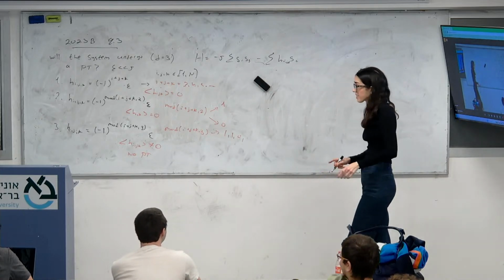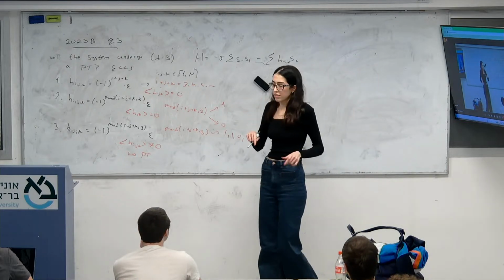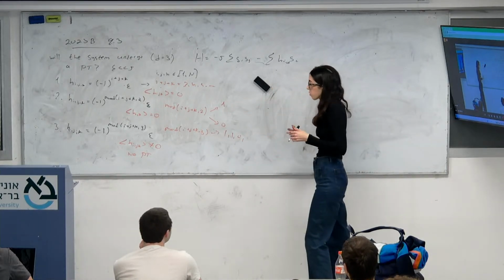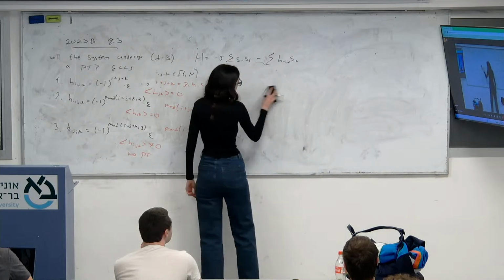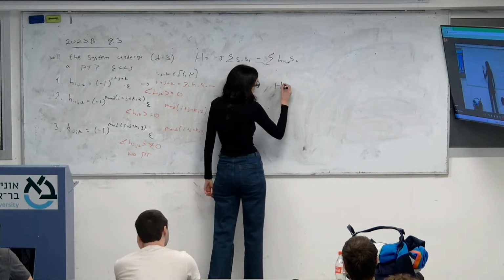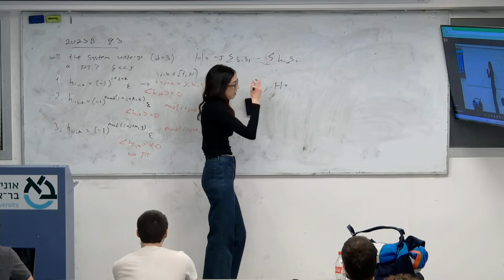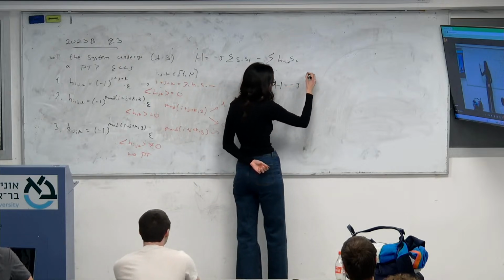Okay, so the last example is not from this test; it's from last year's test, but it's just to show you that in that case you had a Hamiltonian. Let's see if I remember.